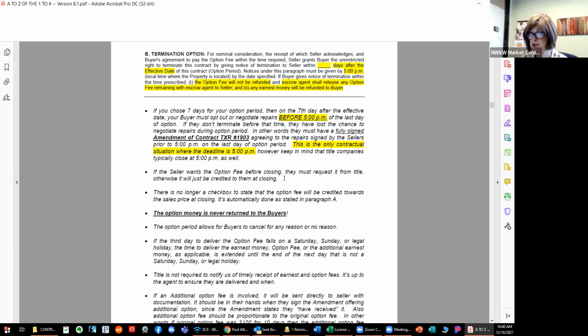So another thing to know about option fee. In the past, the client would get the option fee immediately from their agent, and he or she would say, now go and deposit it right away. Just make sure it's good funds. That doesn't happen anymore. Since it goes to title, title is going to record that amount for the option fee, and the buyer, if they continue with it, will get credit for that on their paperwork when it closes.